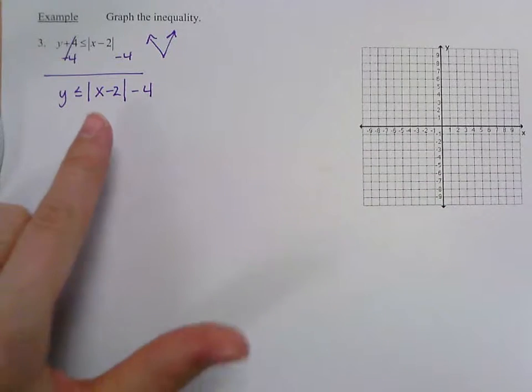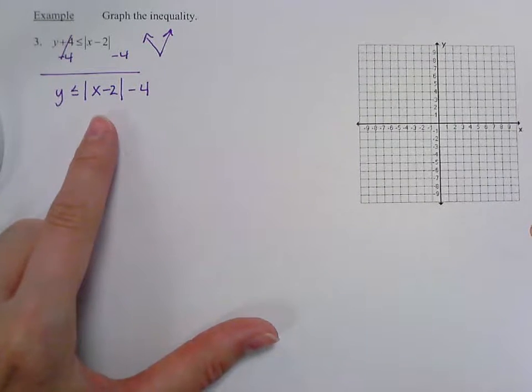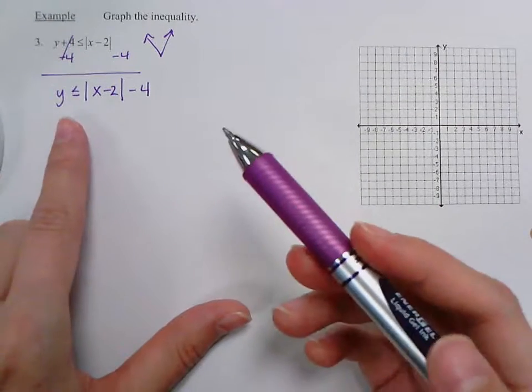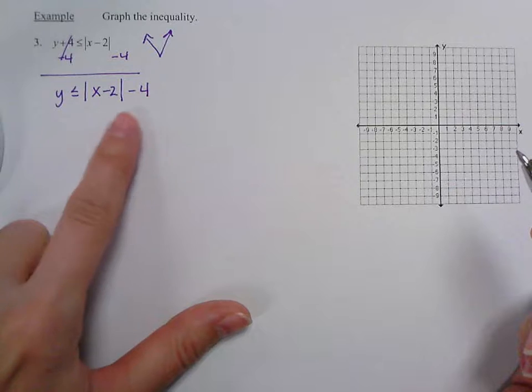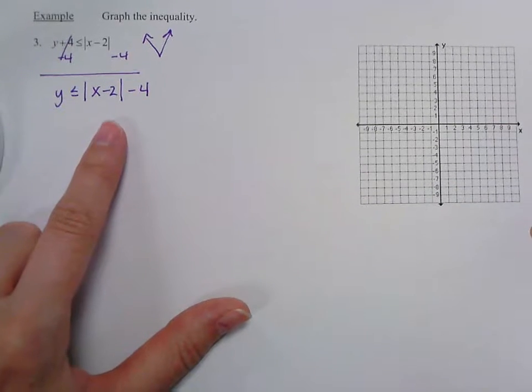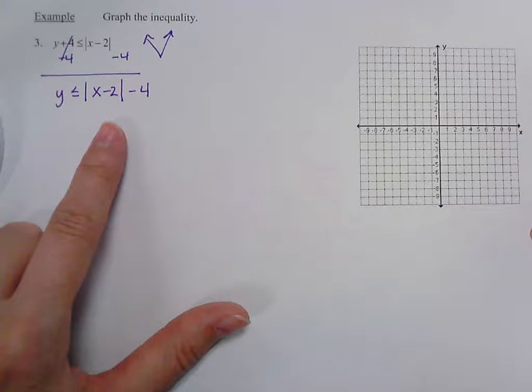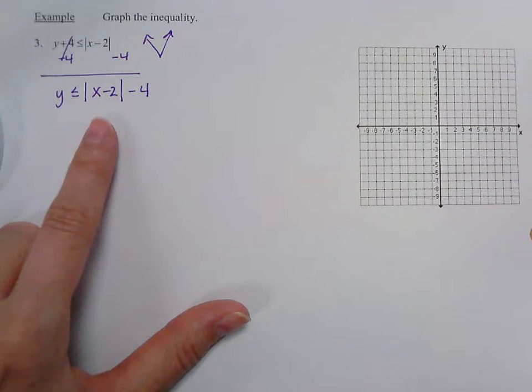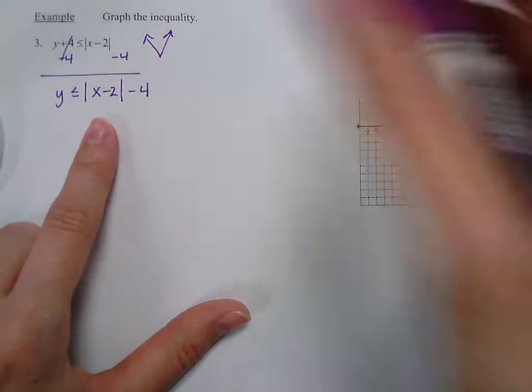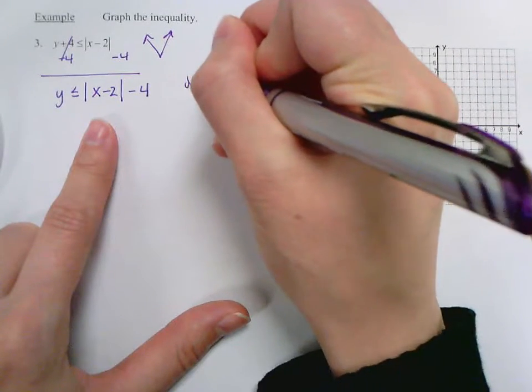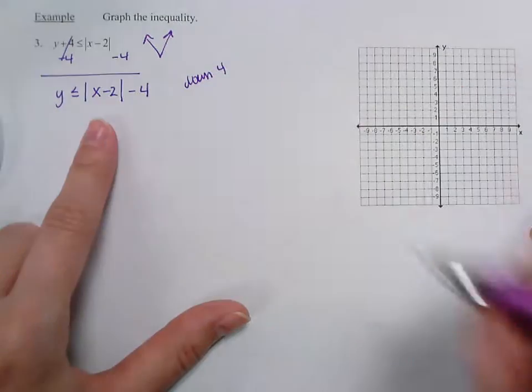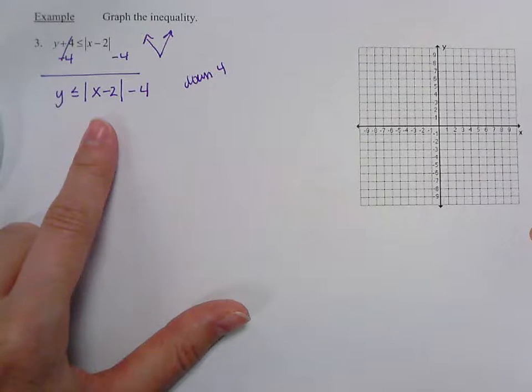In looking at this, just because we've talked about transformations, how would this graph be transformed from just the absolute value of x? What transformations are happening with this absolute value graph? It goes down. Down how many? Down 4. And what else?